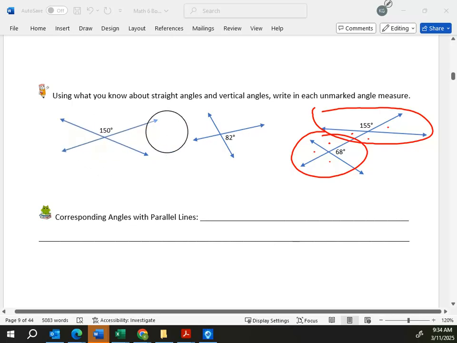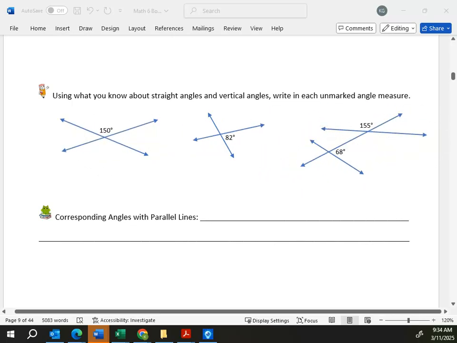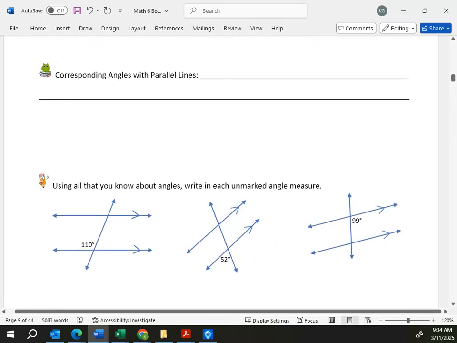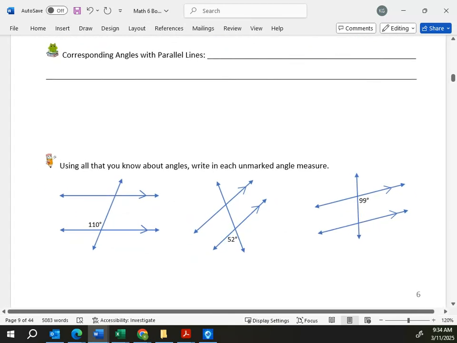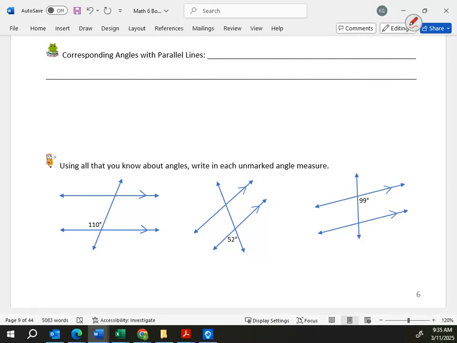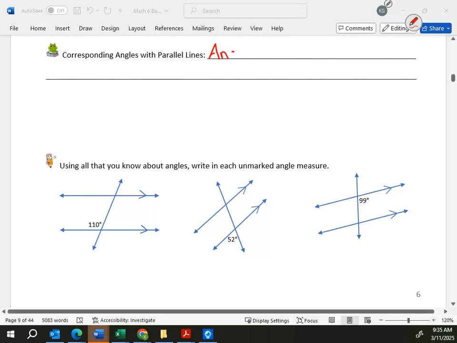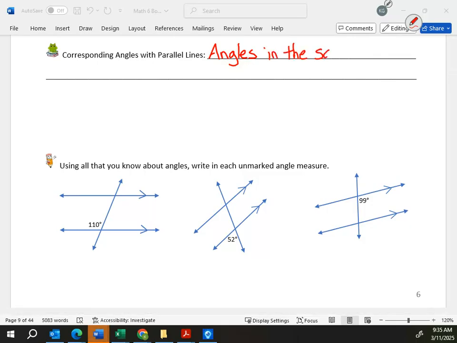But before we do that, let's look right below that. We have a second part to our lesson. Corresponding angles with parallel lines. So, our definition for that is angles in the same location at a different vertex.